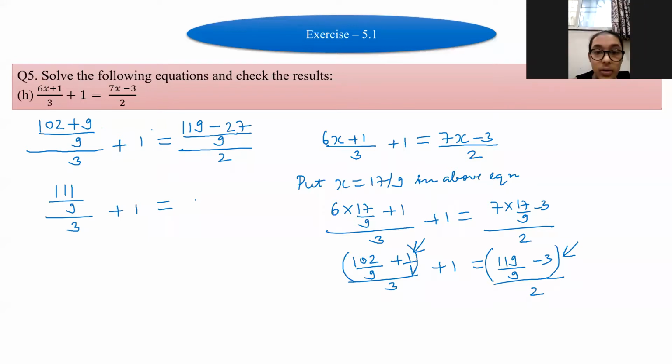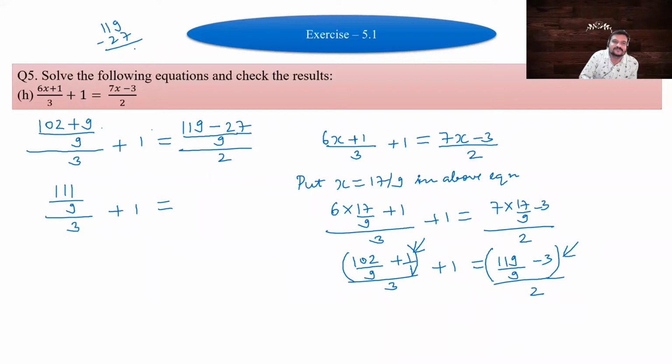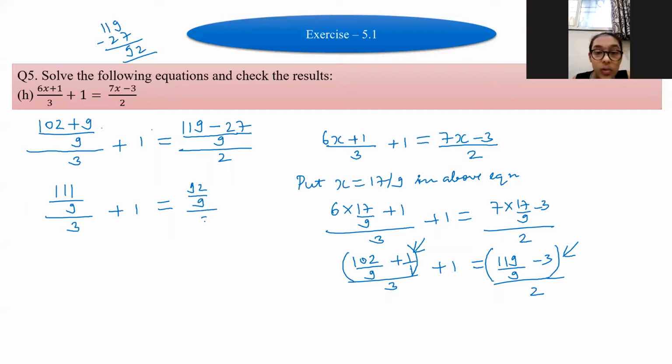Do it fast now. 119 minus 27 is 92. Yes, sir, 92. So 92 upon 9, upon 2.